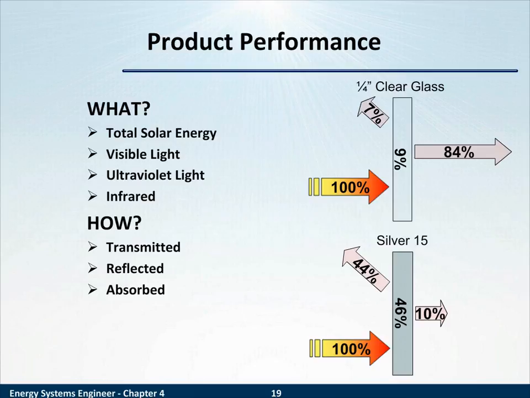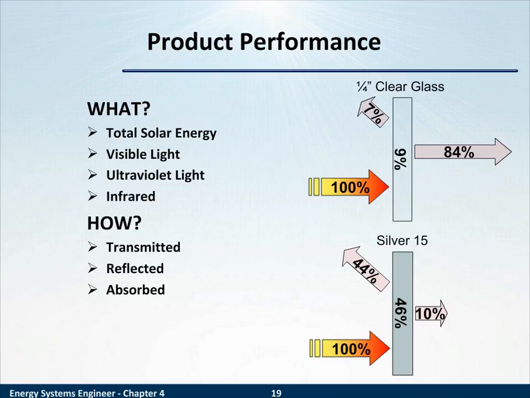Visible light, ultraviolet light, infrared. That's the what. The how are those variables represented? Each one of those, total solar energy, visible light, ultraviolet, infrared, every one of them, 100% is either transmitted, reflected, or absorbed.